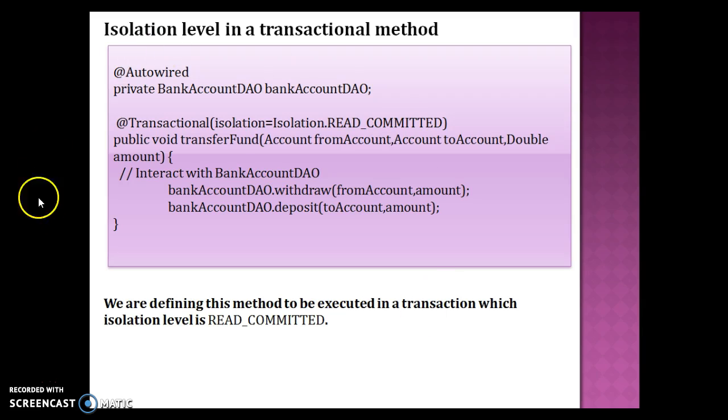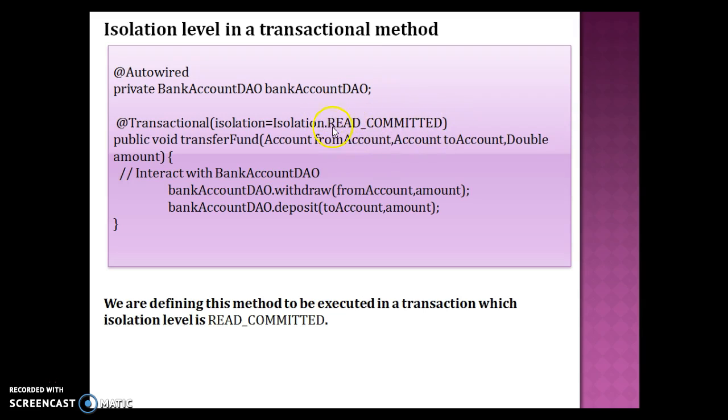Here I have given an example where we have defined a transfer fund method in the service layer, which takes certain parameters, and within this method we make calls to withdraw and deposit. We want these two methods to be executed in a single unit of work. If any of the operations fails, then the entire operation should be rolled back. On top of the method I have used @Transactional, and here we may specify an isolation level.